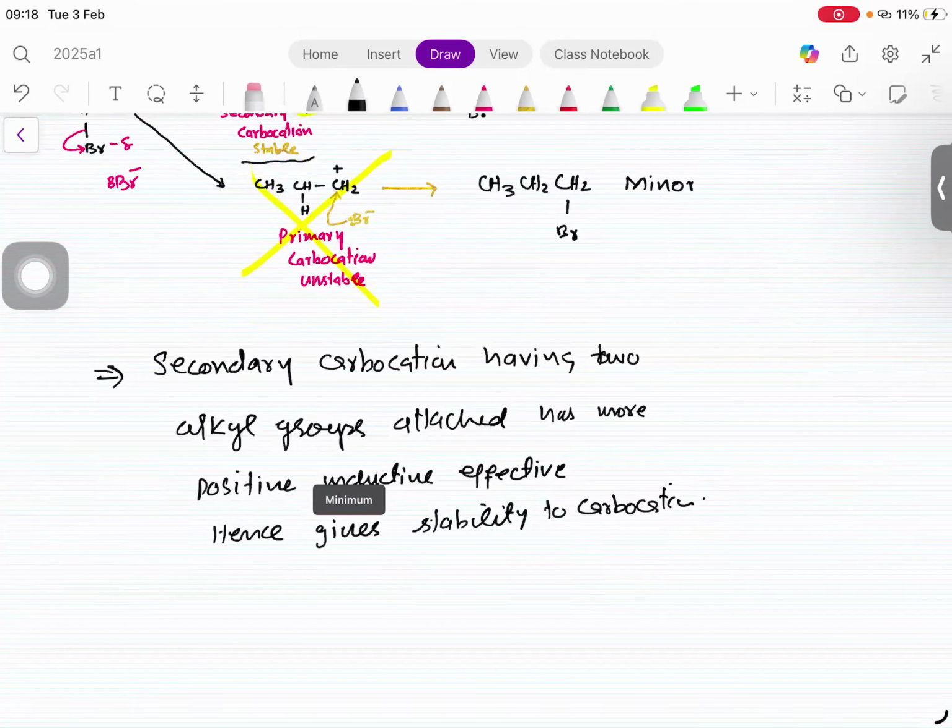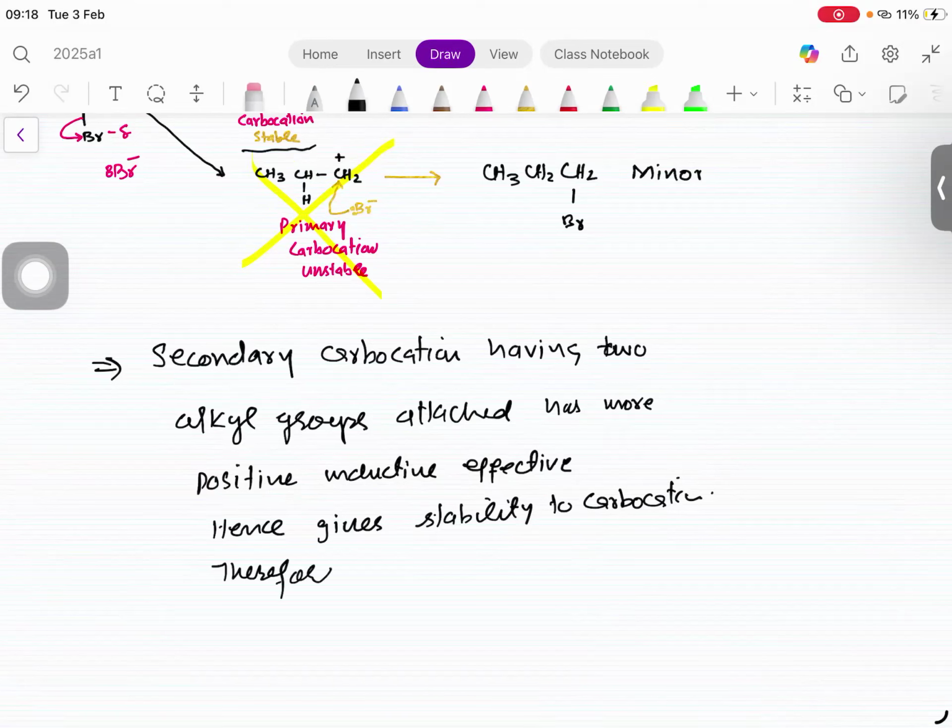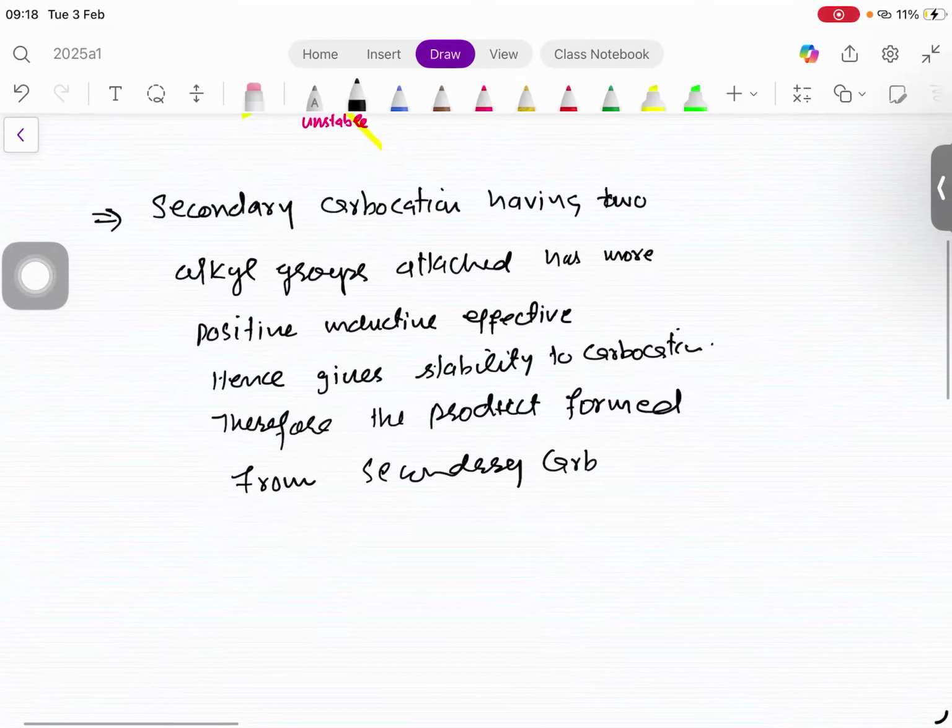Therefore, the product formed from secondary carbocation is in major amount, more amount.